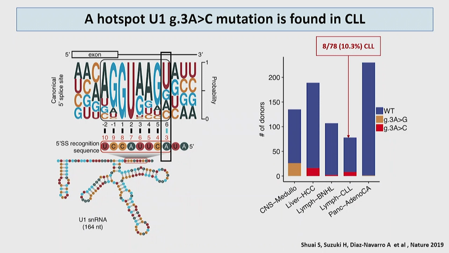So they called us to see if we could confirm this data and see what the clinical impact was. In this position, there are 2 mutations, an A2C or A2G change, and A2G was present in children medulloblastoma, and the A2C was present in hepatoblastoma.